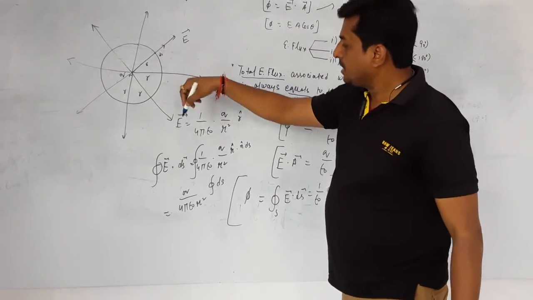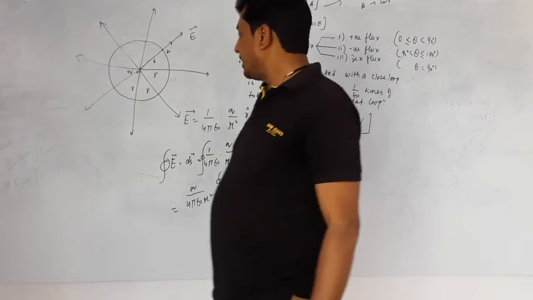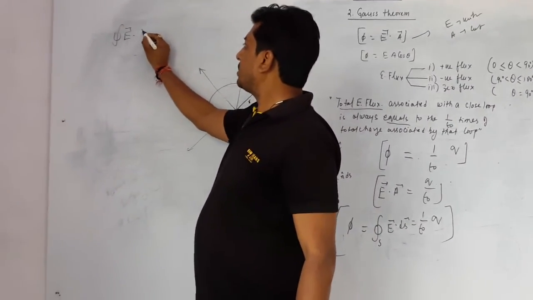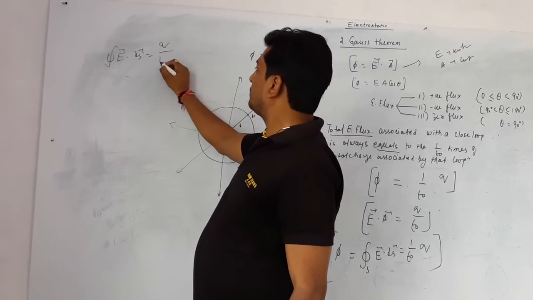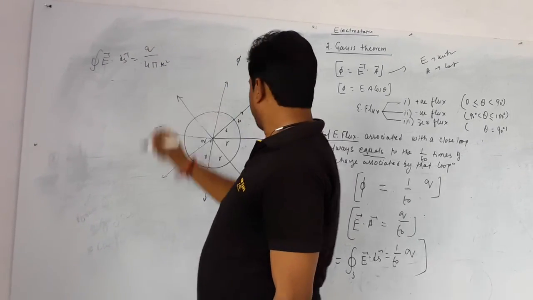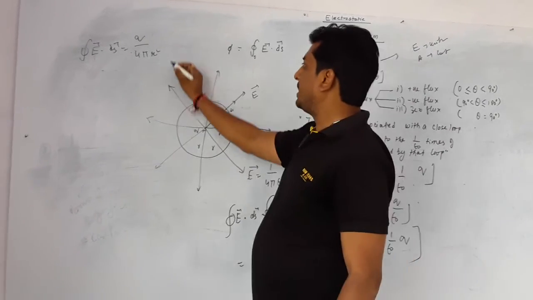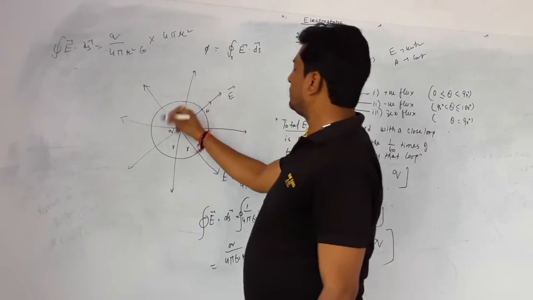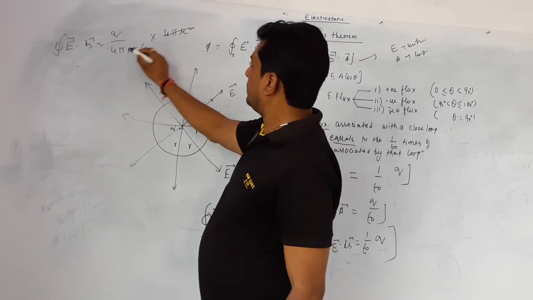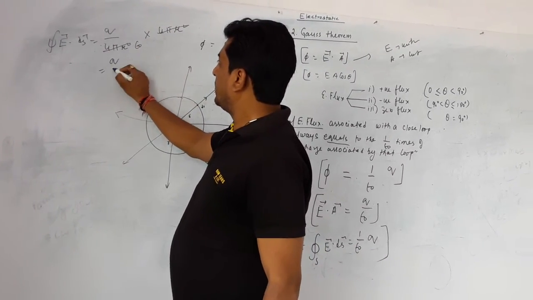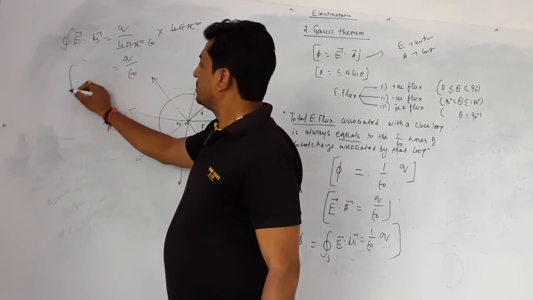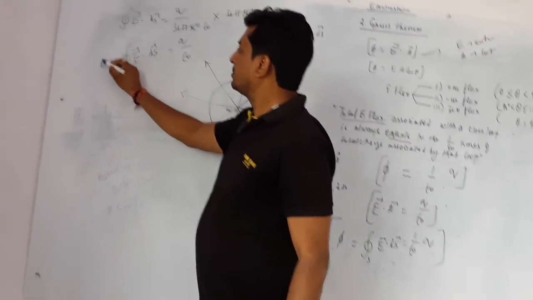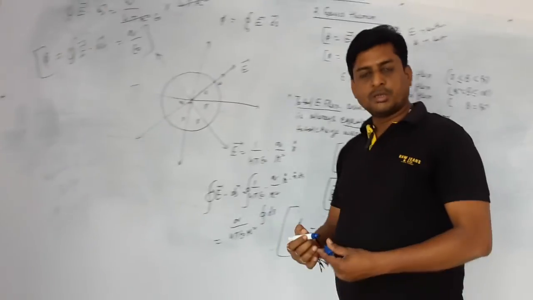When you integrate this ds, what you will get? On the left hand side, closed integration of vector E dot vector ds. Here Q upon 4 pi r square epsilon naught into 4 pi r square. This is the surface area of this sphere. 4 pi r square will cancel. You will get Q upon epsilon naught. This is the derivation of Gauss theorem. In this way you can derive Gauss theorem.